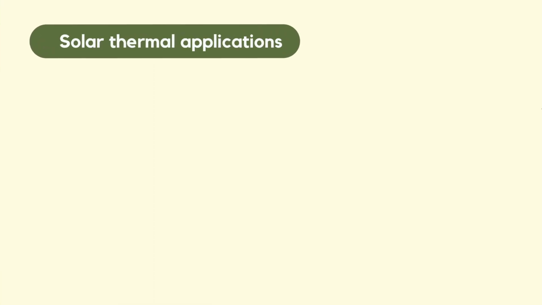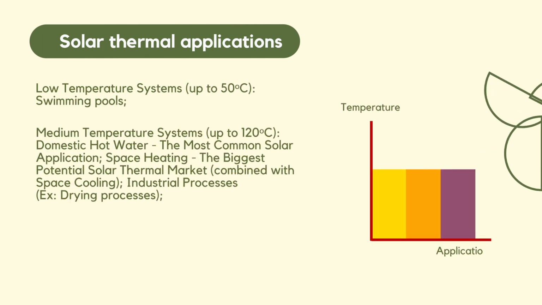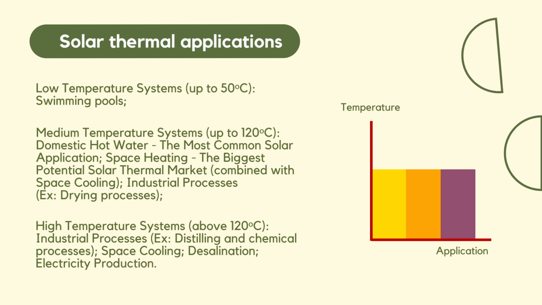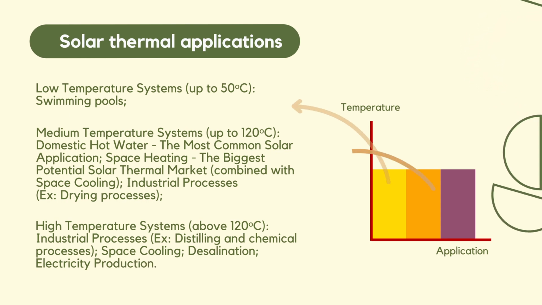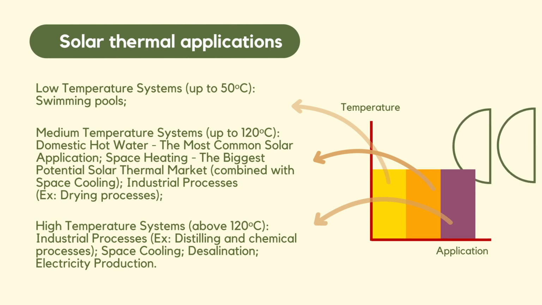We divide solar thermal applications into 3 different ranges: low temperature systems, around 50 degrees, for swimming pools or for agriculture; medium temperature for domestic hot water, space heating, and some industrial processes.